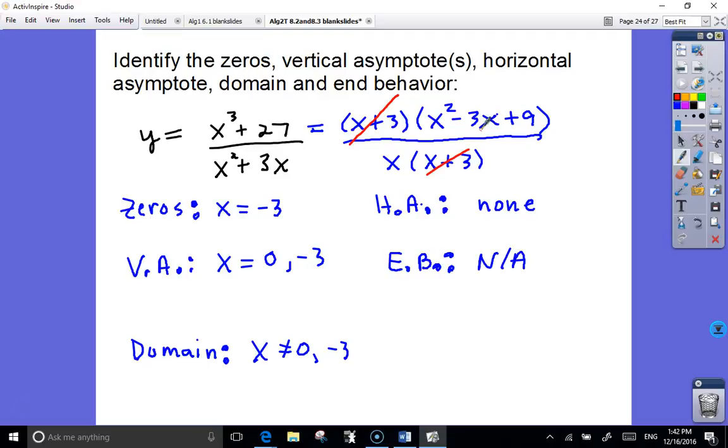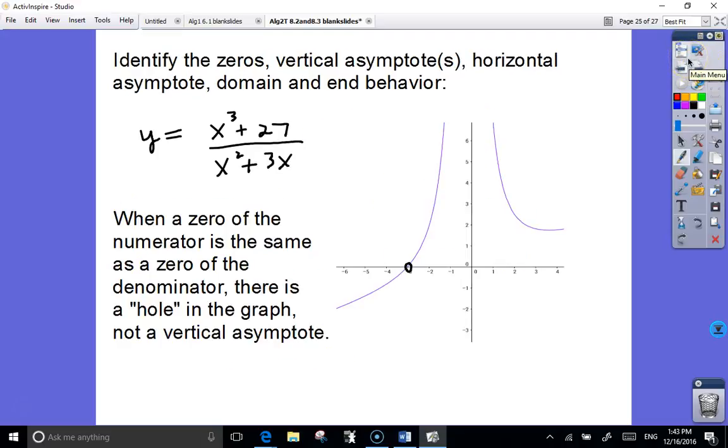It's going towards infinity or negative infinity as it gets that close. If you look at the graph of that function, at negative 3 it's clearly not doing that. This is what it's doing at 0: going off towards infinity on both sides. But at negative 3, it appears to just go right on going.